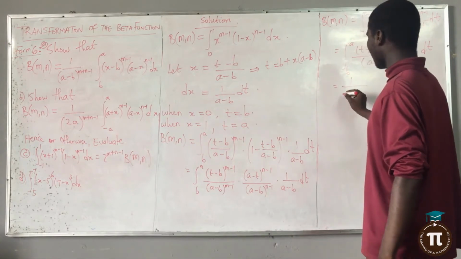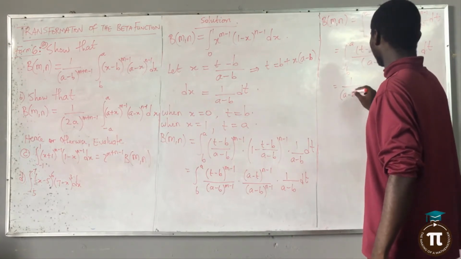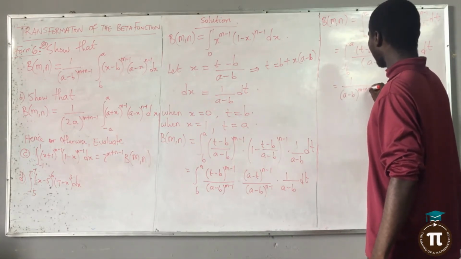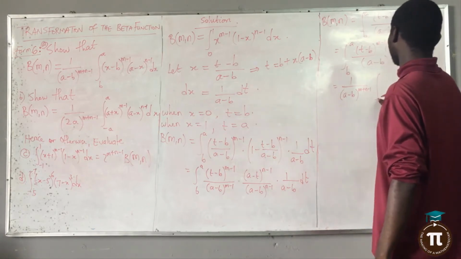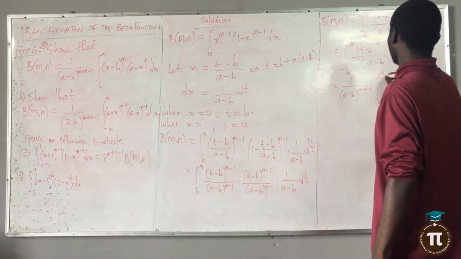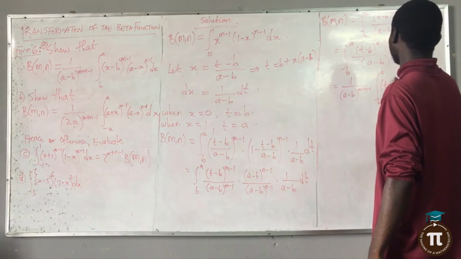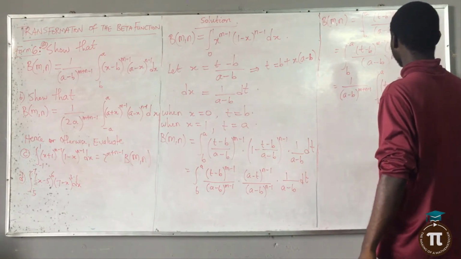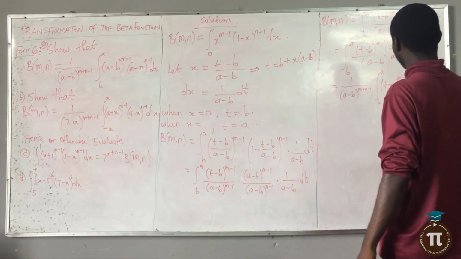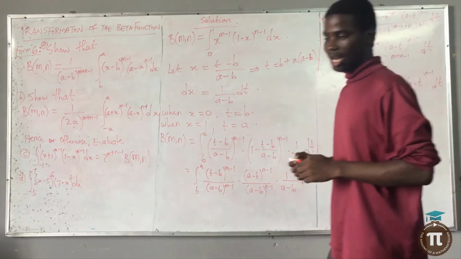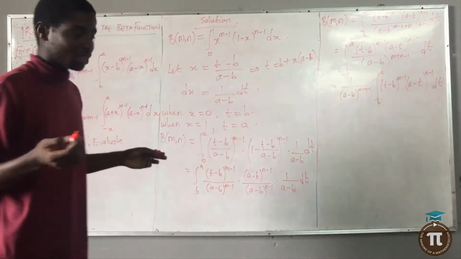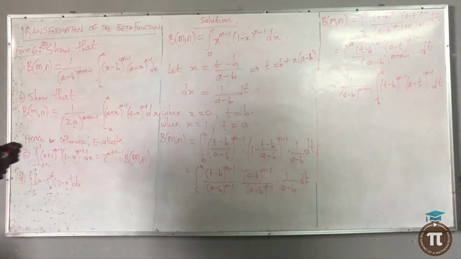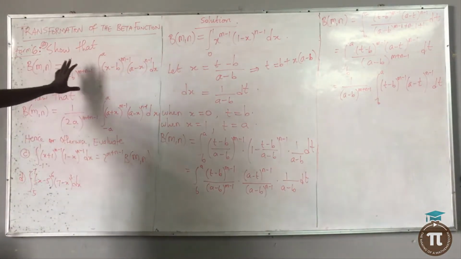So I have 1 over (a minus b) raised to the power of m plus n minus 1, times the integral from b to a of (t minus b) raised to the power of m minus 1 times (a minus t) raised to the power of n minus 1 dt. And we are done. We can just change the t to x and that will be all. So that's for a.